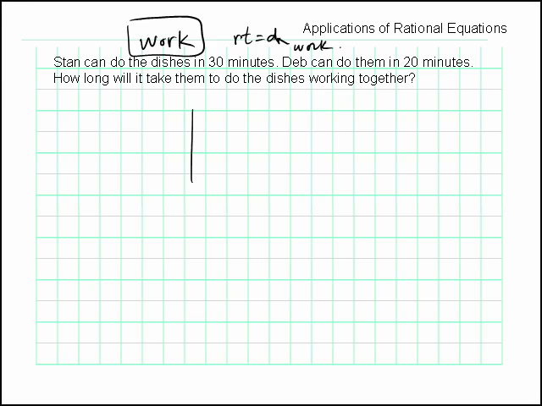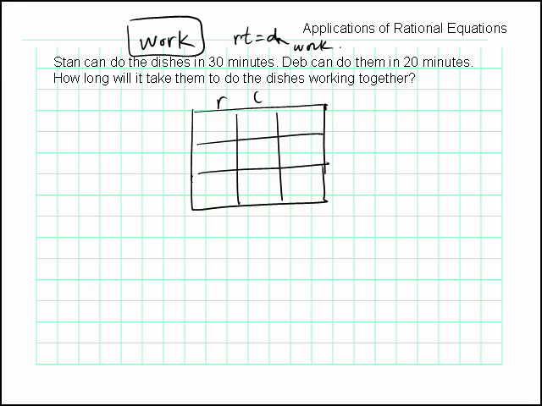To solve work problems, we need 9 boxes. Rate, time, distance. And we have Stan, Deb, and then both of them working together. All of the work problems are solved in this manner.